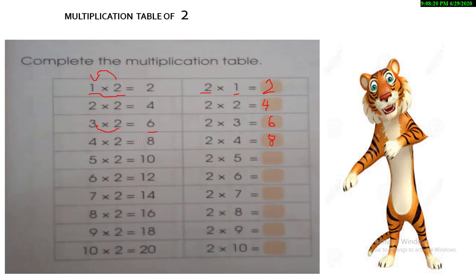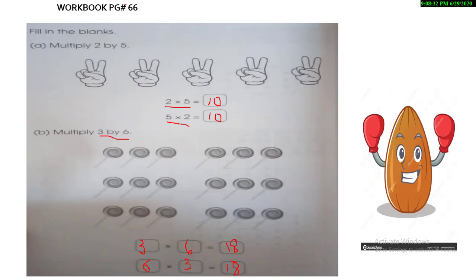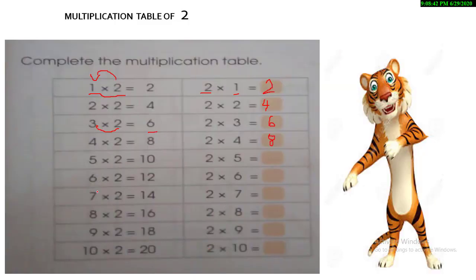If this answer is given, then all the answers over here will also be the same, because I told you in the previous examples that the answer will never change, although we change the places. So in the same way, you are supposed to mention the same answer. 5 2s are 10 and 2 5s are 10.